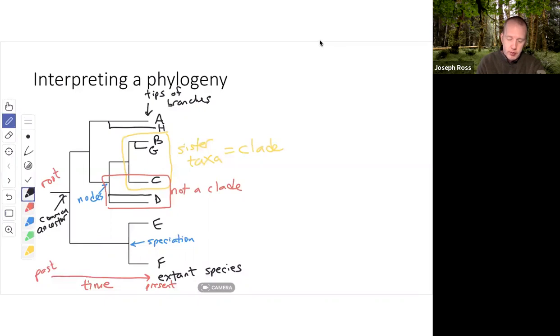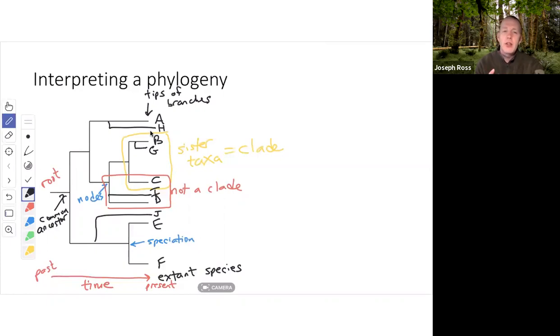Whenever we're talking about the interpretation of a tree, we're only limited to the species that are currently shown on the tree. But it is important to realize both that there are probably other species that just aren't shown or diagrammed, and that this is not an exhaustive list of all of the species that ever existed.